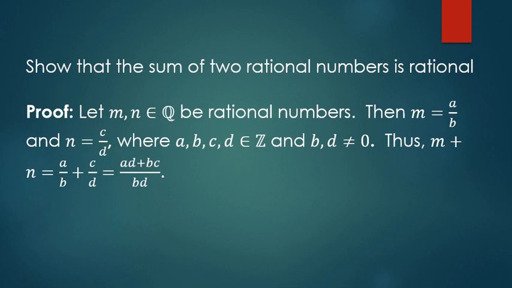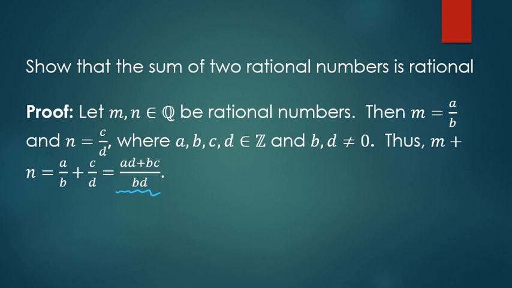So we find the least common multiple between the two bottoms, and you come up with ad plus bc all over bd. So there's two things we have to check. We want to make sure that this thing is a rational.